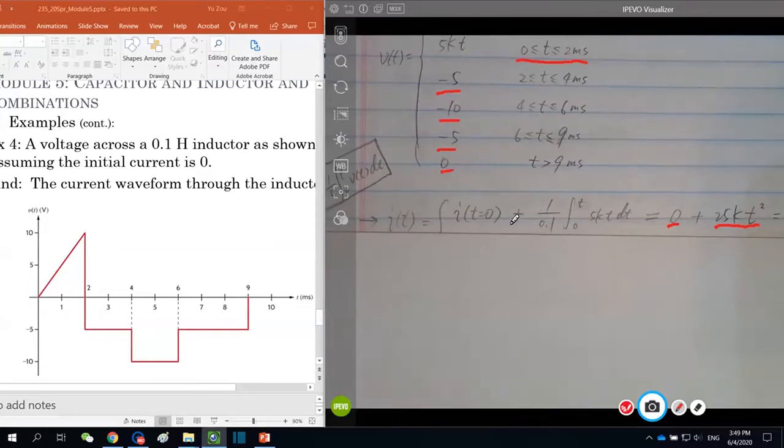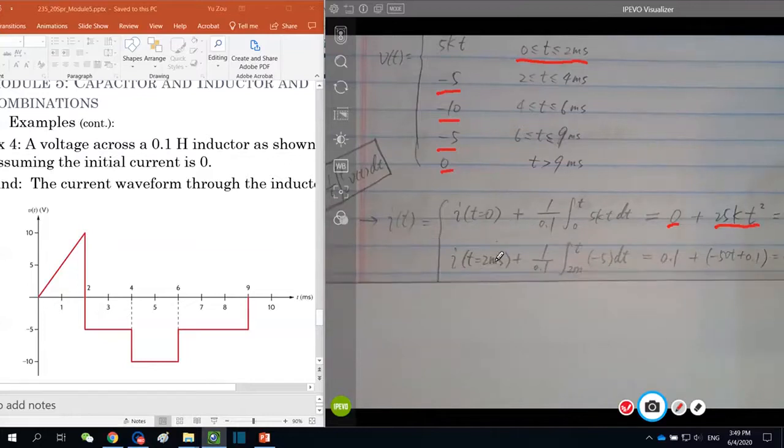What do we do? The initial value of the second one is the current at t equals 2 milliseconds, because the initial moment is 2 milliseconds, which is also the end moment of the previous function. So the initial value here is obtained by substituting t here with 2 milliseconds: 25k times 2 milli squared equals 0.1.